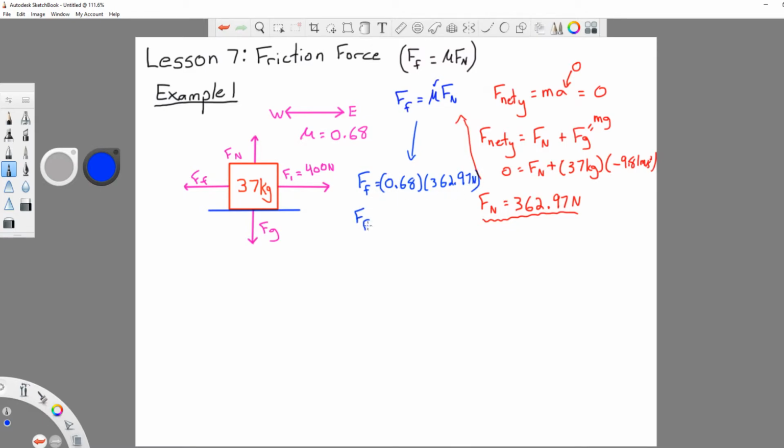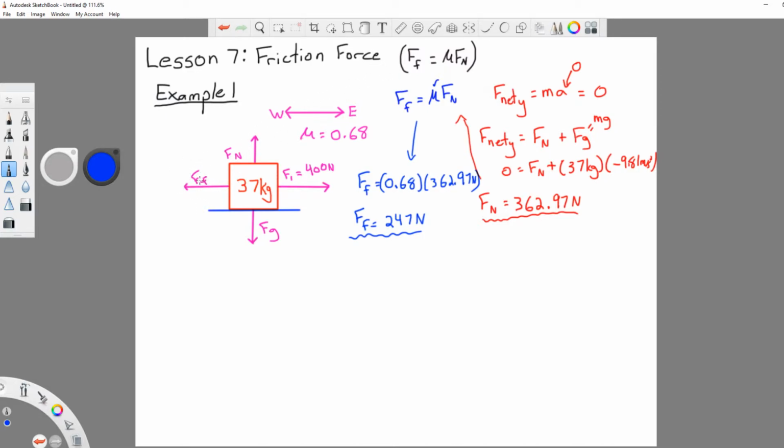All right. That leaves us with a force of friction of 247 newtons. So we've just used the y value to solve normal force, and then normal force in our friction formula to solve for friction.